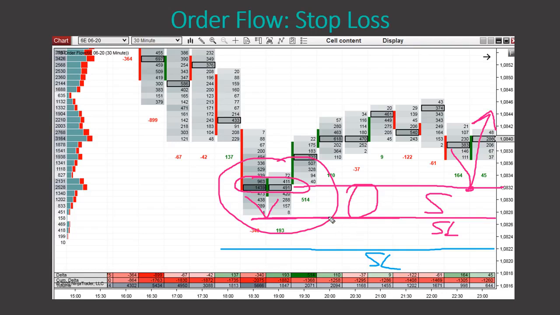Now I must say that this is sort of a matter of preference. There are a lot of order flow traders who prefer to use very tight stop losses and who expect exact reaction to the level, and they use a high risk reward ratio, so they try to catch a trade with a very tight stop loss and then take a huge profit from it.